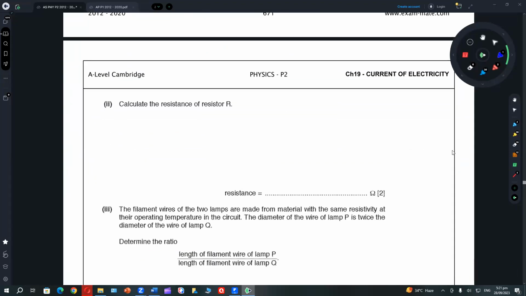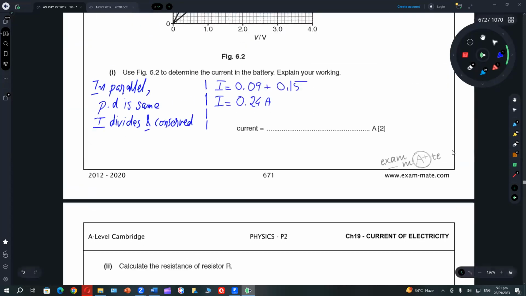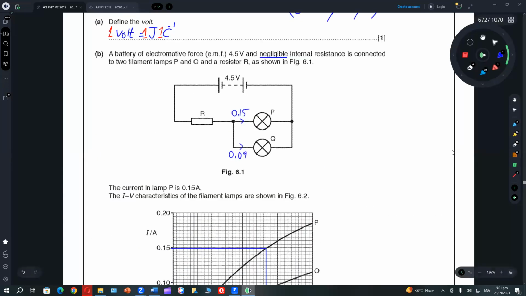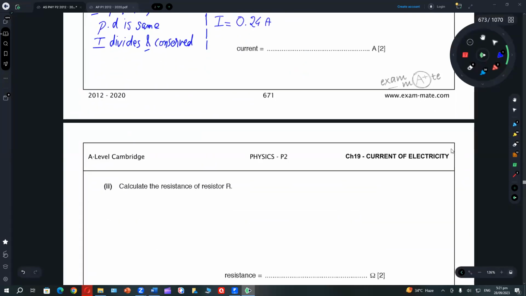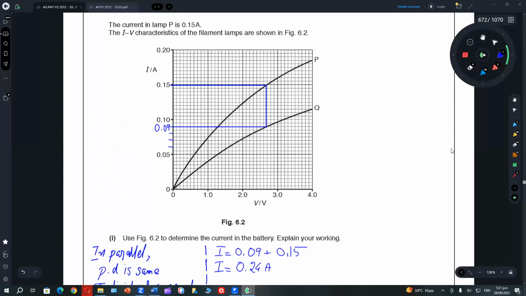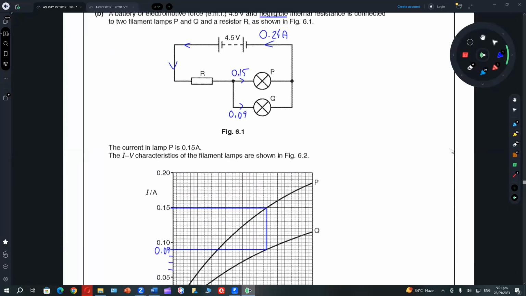Calculate the resistance of resistor R. We know the total current in the circuit. We have the total current value. How can I settle this value?